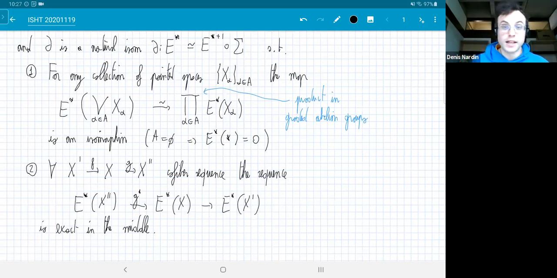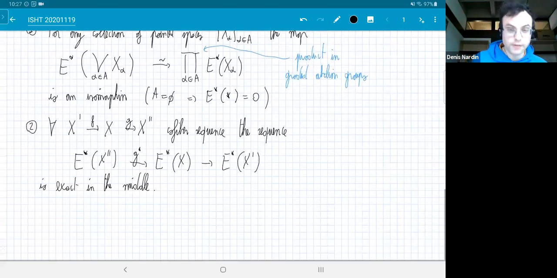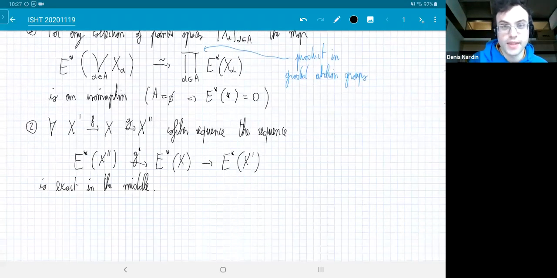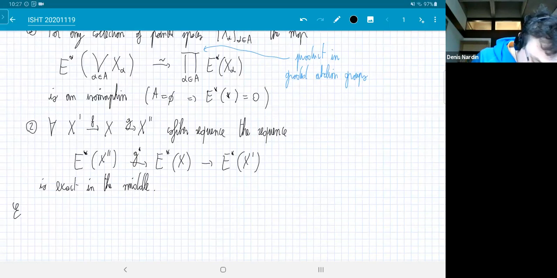They shouldn't be a surprise. You should have seen at least one example of this before, and let me actually give you this example. So example, let M be an abelian group.